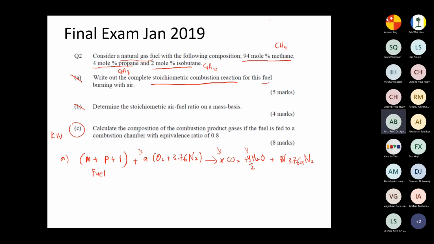So it only involves CH. You find out what is the total number of carbon and total number of hydrogen for the mixture. Once you get that, you can calculate the A, plug it into this, and write out the complete stoichiometric combustion reaction.